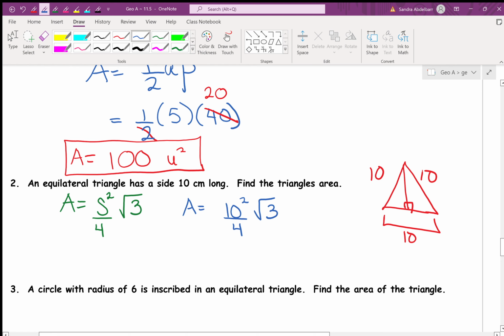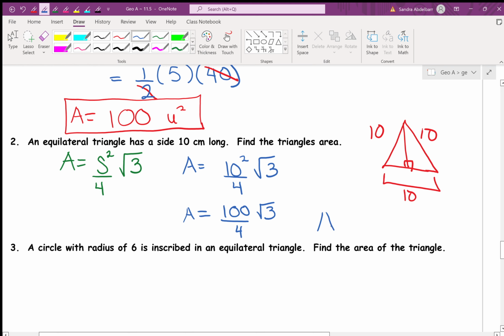Exponents. You must do the exponent first before you divide or simplify the fraction. So I have to do 10 squared first. What is 10 squared? 100. So this is 100 over 4 root 3. And what is 100 divided by 4? 25. So the area of this equilateral triangle is 25 root 3 centimeters squared.